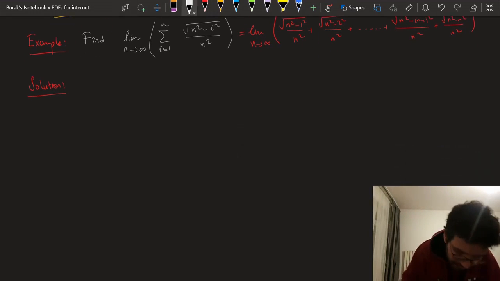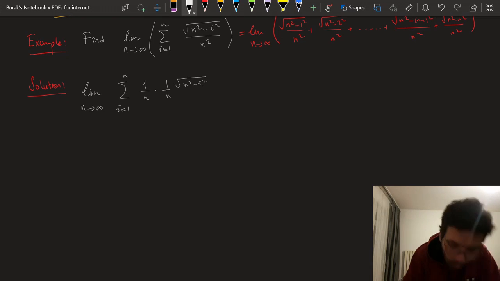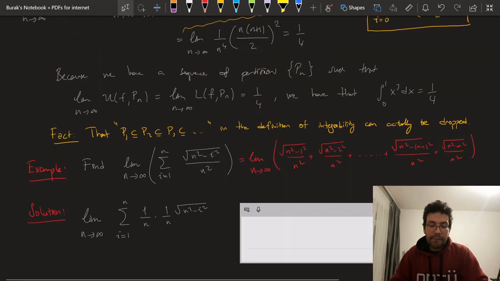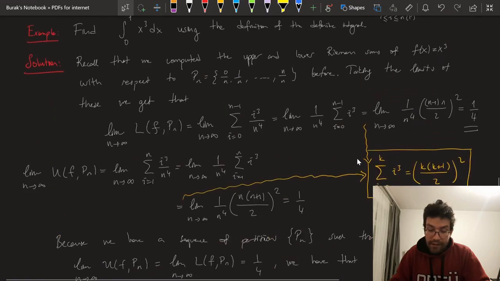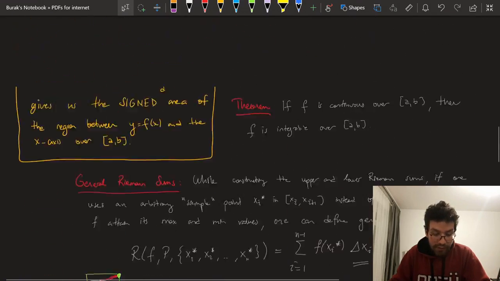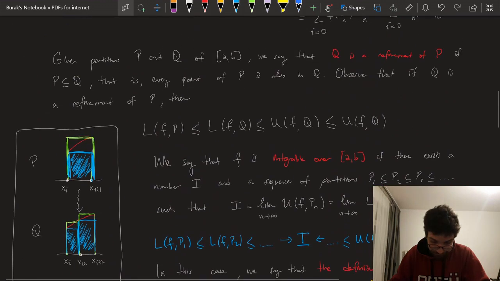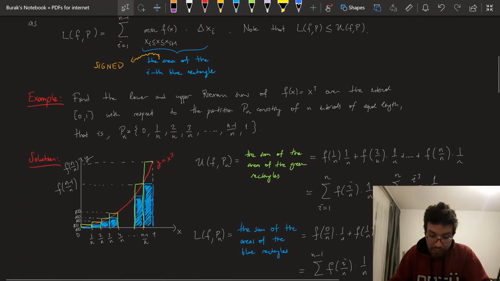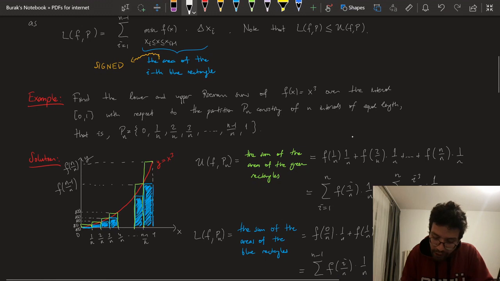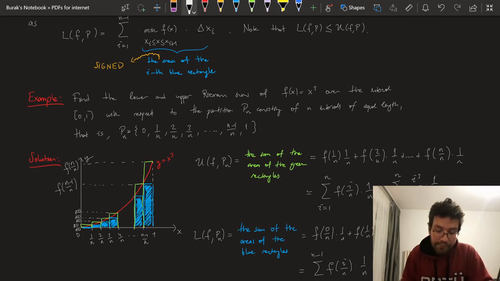Okay, so here's what I'm going to do. I am going to rewrite this as follows. I'm just going to write, instead of 1 over n squared, I'm going to write 1 over n, squared. Why? Remember, when I used a partition with intervals of equal length, my delta x turned out to be 1 over n all the time.